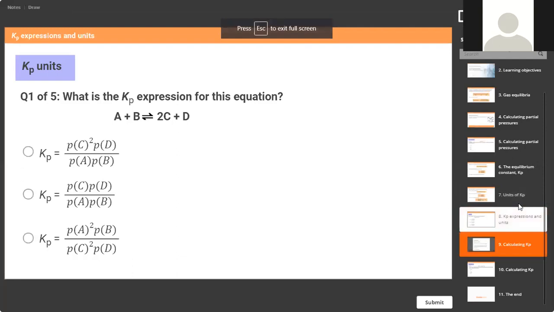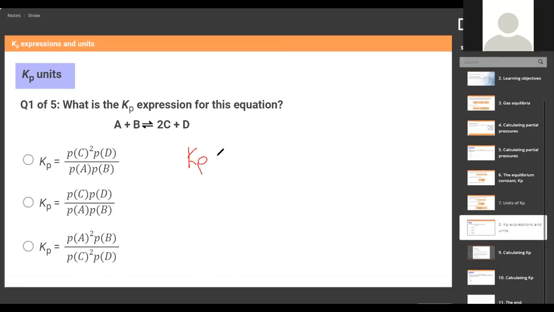Kp expressions and units. What is the Kp expression for this equation? Our equation is A plus B goes to 2C plus D and then back again. Let's write this out. You can pause this and choose an option later if you want, but let's go at this one. We've got Kp equals, and we're going to have the bottom half on the top.